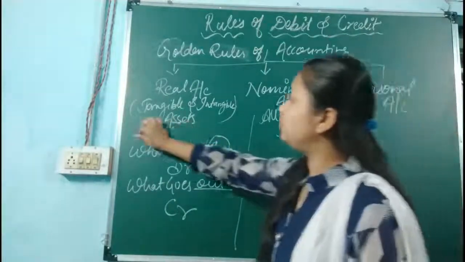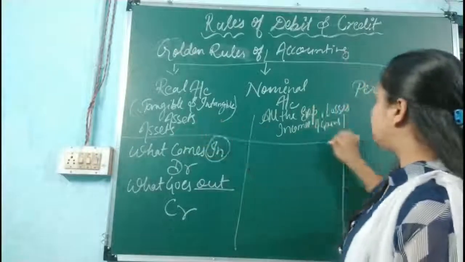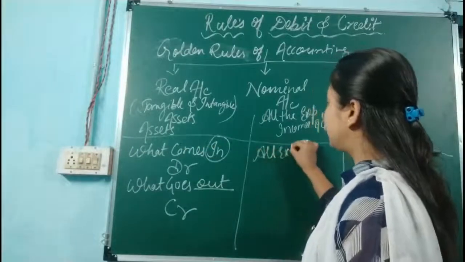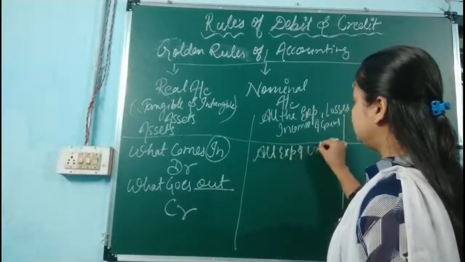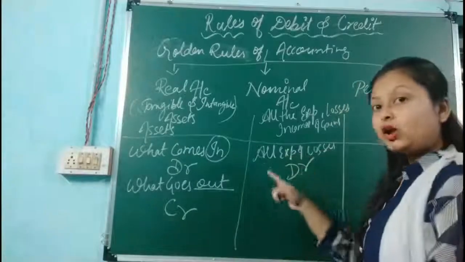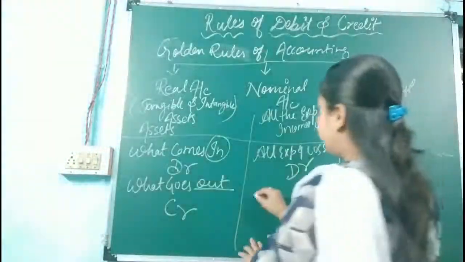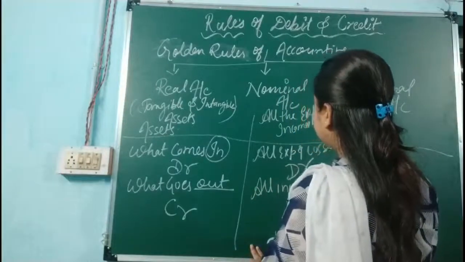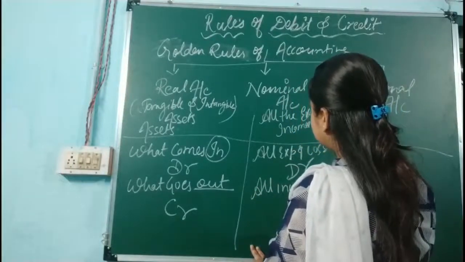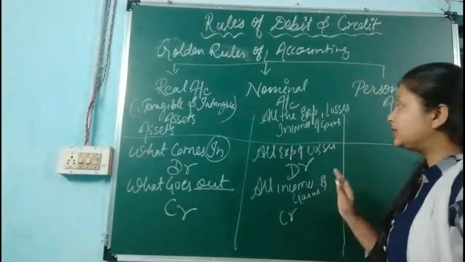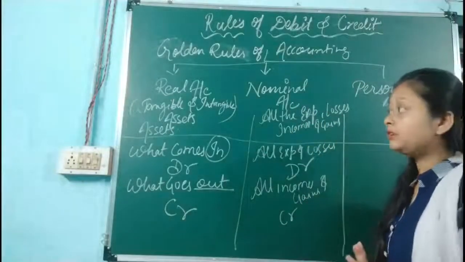So the rule for nominal account is all expenses and losses are debited. All expenses and losses are debited. All income and gains are credited. I think all these things are clear to everyone.